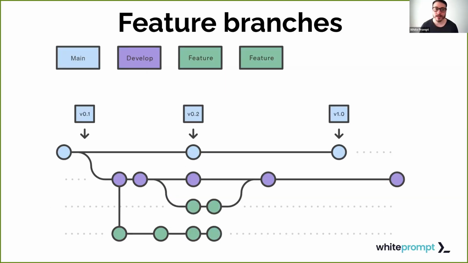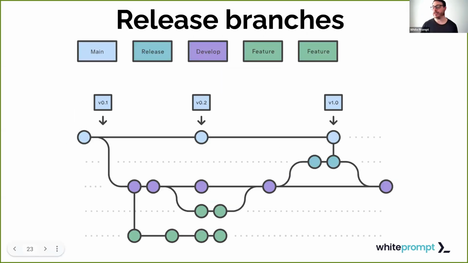Then we have the feature branches, as you can see in the drawing. They start from develop, they never start from main, and each feature should reside in its own branch. They are merged back to develop, and they never interact with main. So as I mentioned before, the develop branch is the integration branch for every feature that we code, and the main branch is the release.